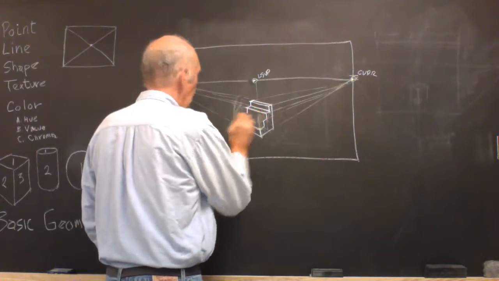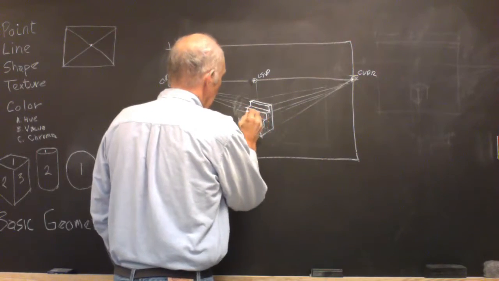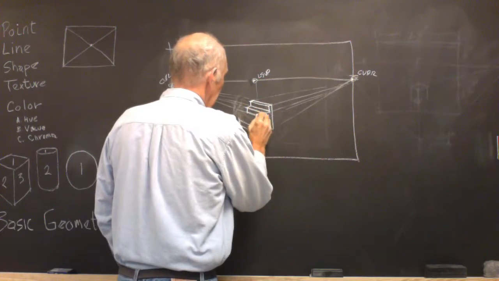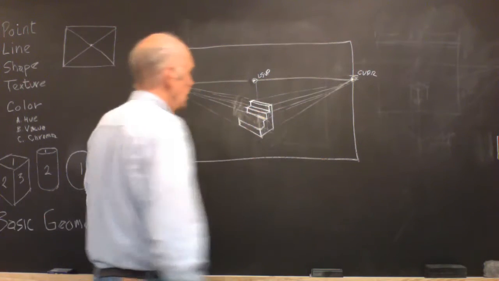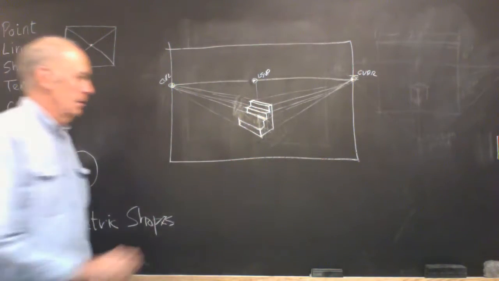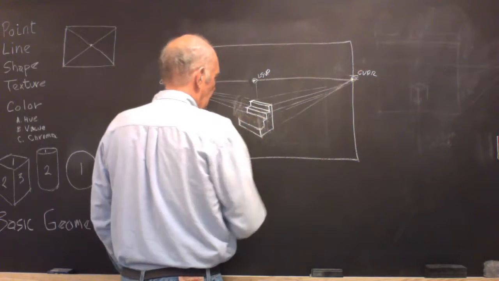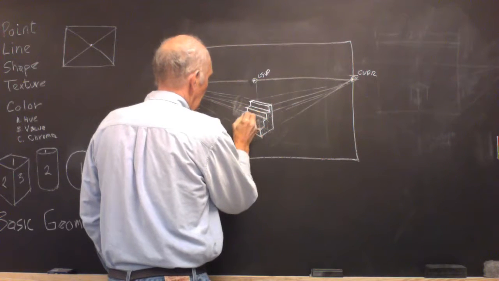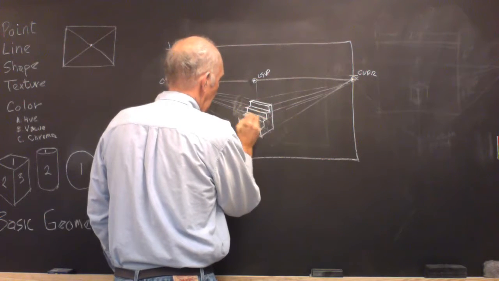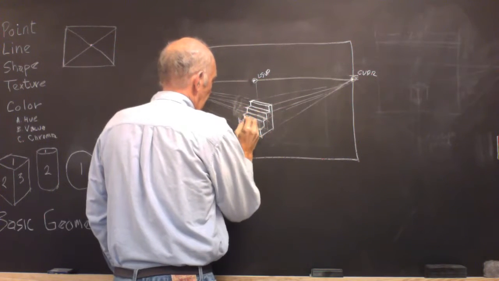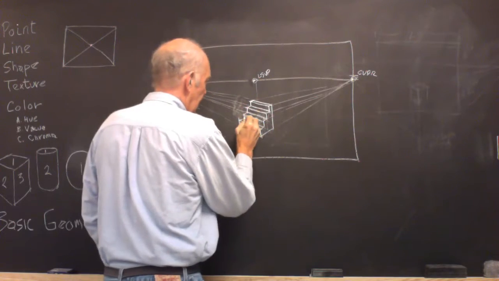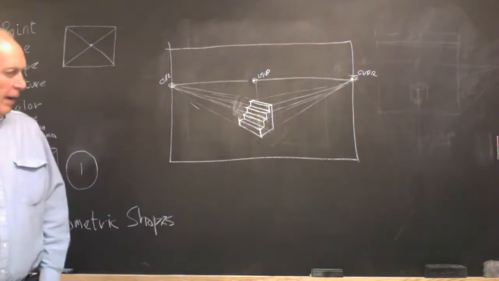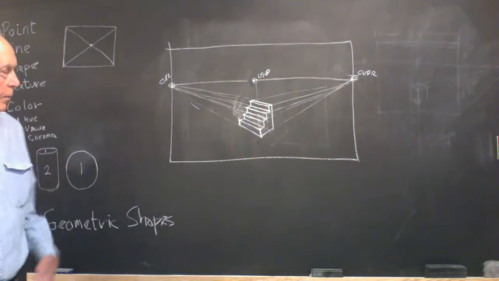You just got to know where you're going and what lines are parallel. Now the top step of the third one. And there I have a cube with 4 steps.